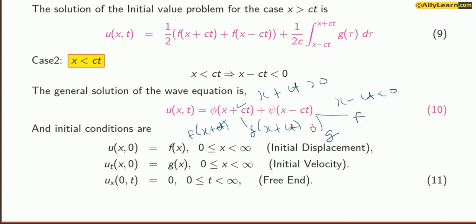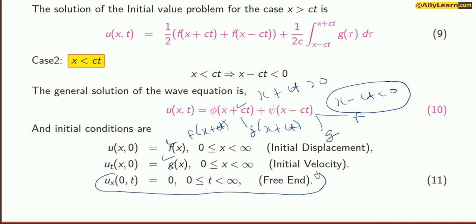We cannot use the same technique for converting psi of x minus ct into f and g, as you can see that the domain of f and g includes non-negative real numbers only, and x minus ct is negative, so f and g won't be defined at x minus ct. So for this case, we'll be using this free end condition. As you must have guessed, this condition is unused till now.